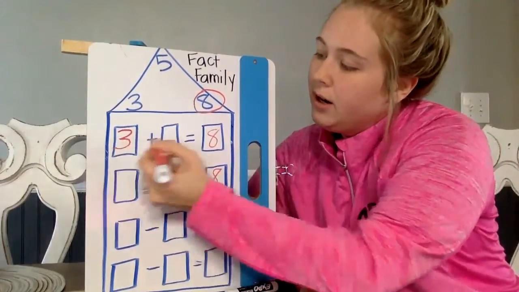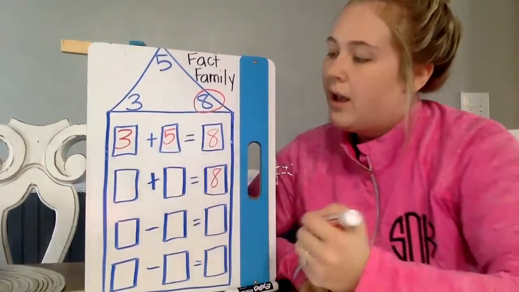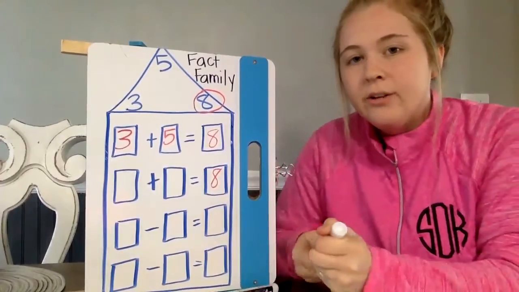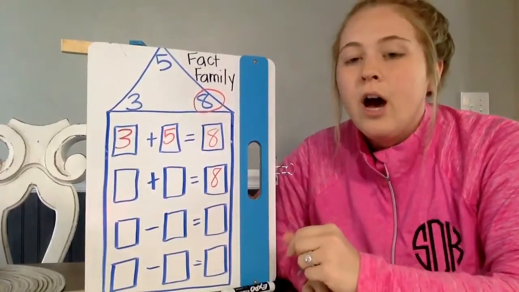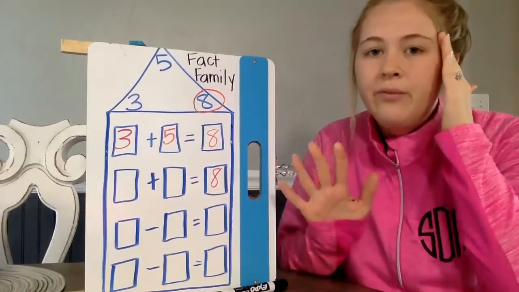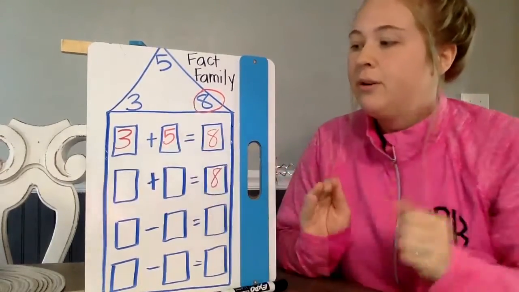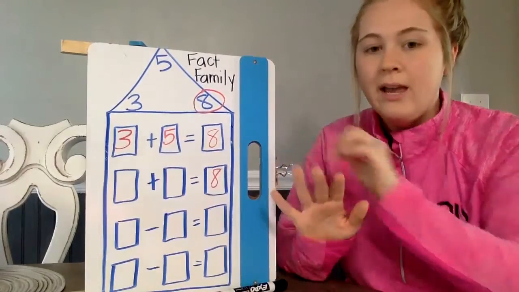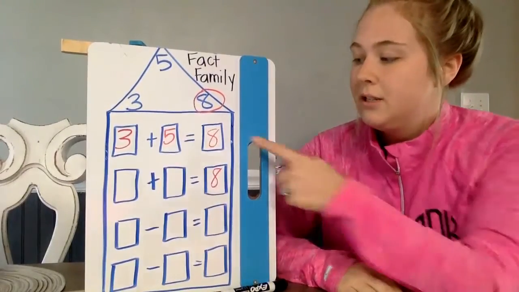Let's put a 3 here and a 5 there. So 3 and 5. You may not have counters at home, but I'm going to remind you, I always like to put the first number in my brain, 3, and hold up 5 fingers because that's your next number. So 3, 4, 5, 6, 7, 8. I know our first math sentence is correct.